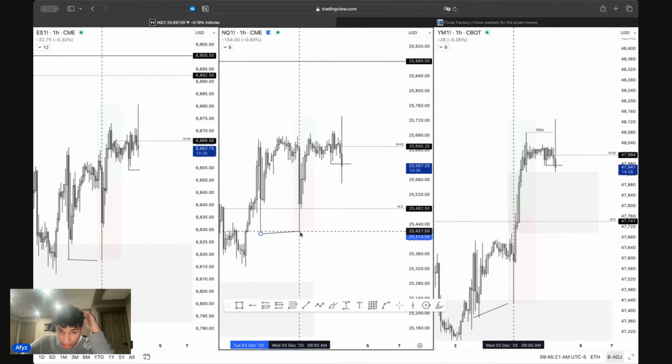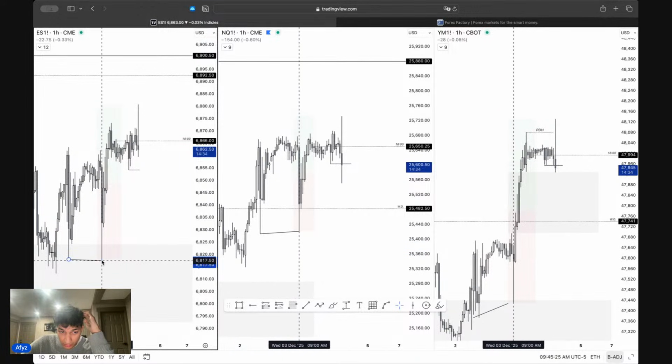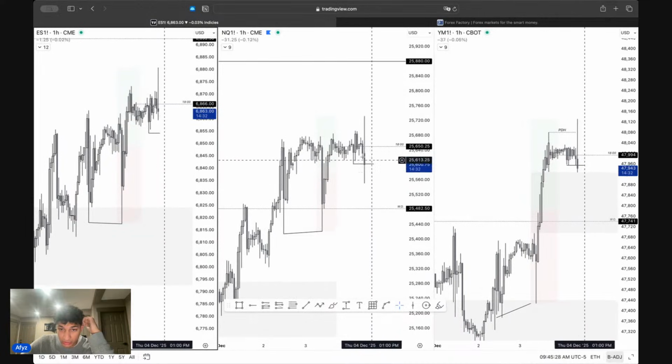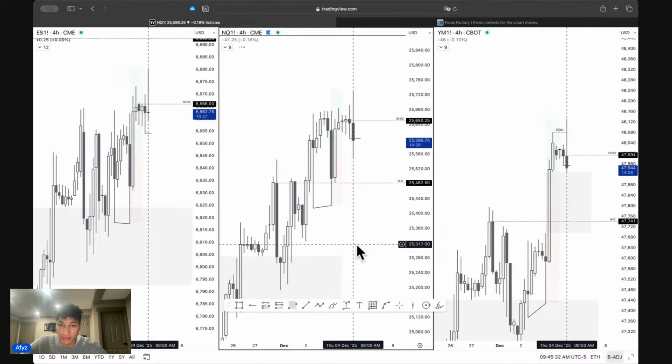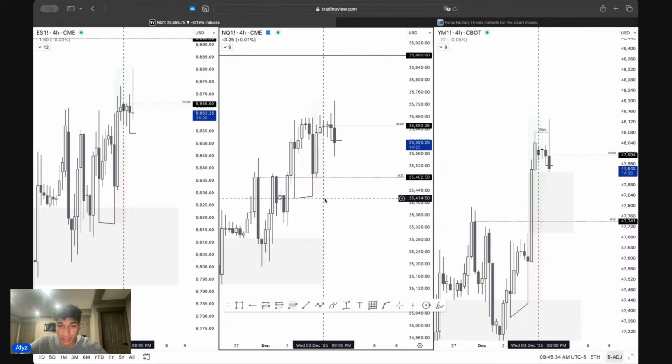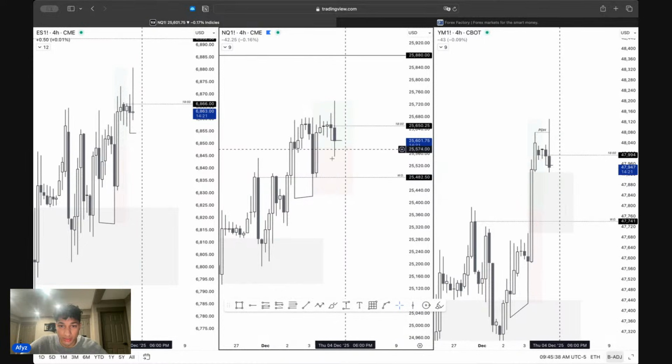If NASDAQ doesn't reverse here, I'd be targeting these lows today. So if NASDAQ fails to reverse at this 4-hour low, my eye would draw into these lows down here. We have to hold this EQ. Very important that we hold this EQ here on NASDAQ.